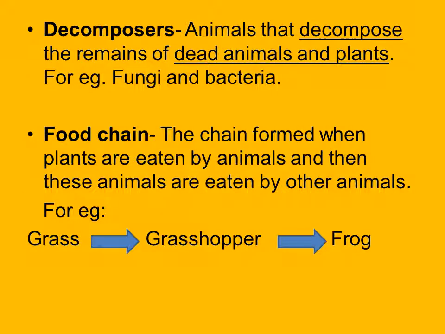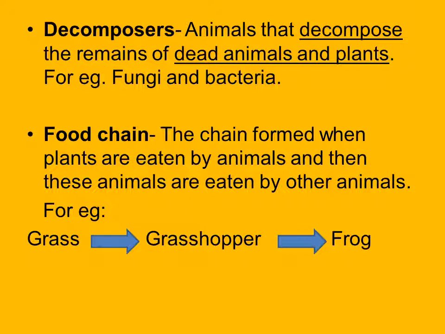Now next is decomposers: animals that decompose the remains of dead animals and plants. For example, fungi and bacteria. The important fact is, first of all, they decompose. And what do they decompose? The remains of dead animals and plants.